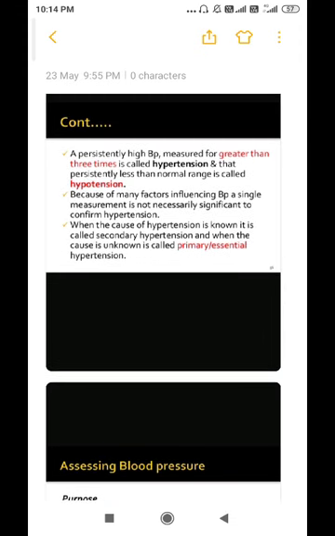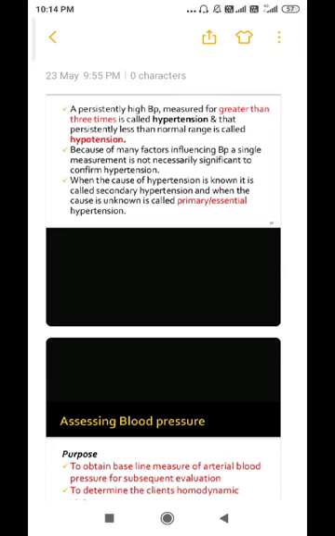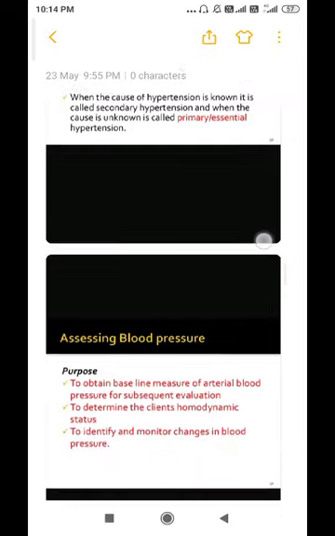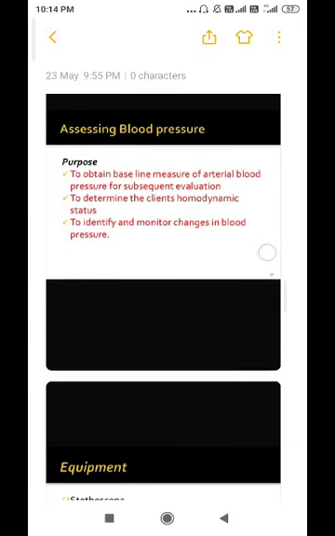Because many factors influence BP, a single measurement is not necessarily significant to confirm hypertension. When the cause of hypertension is known, it is called secondary hypertension, and when the cause is unknown, it is called primary essential hypertension.